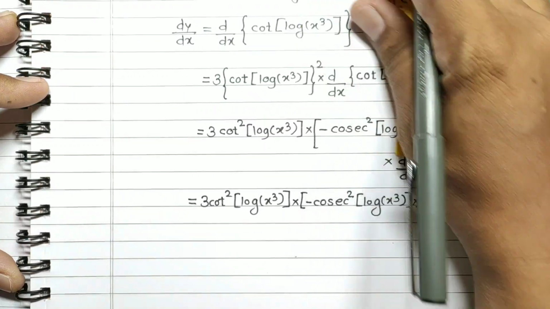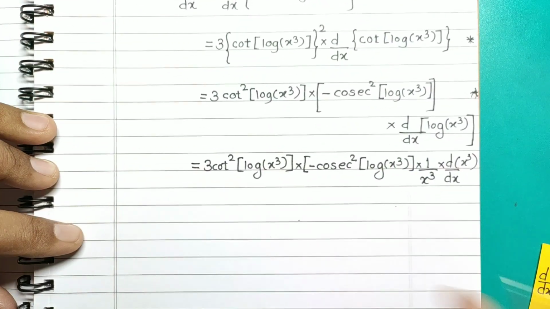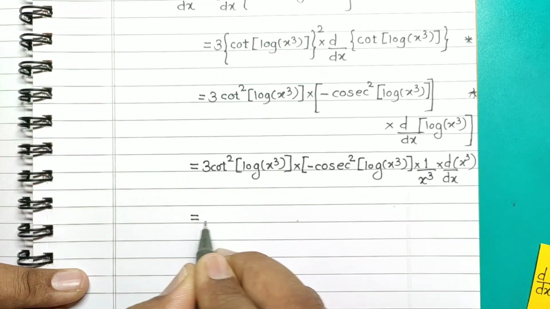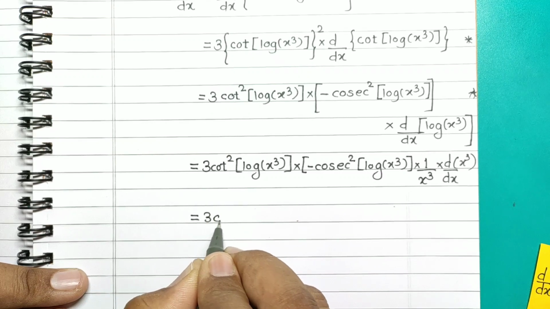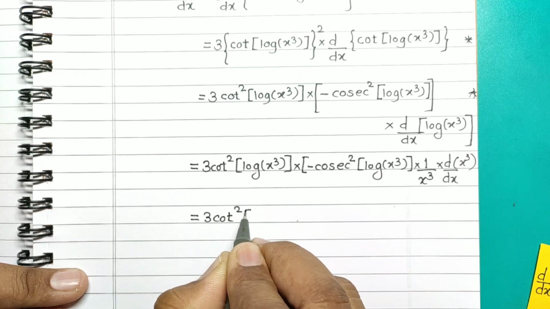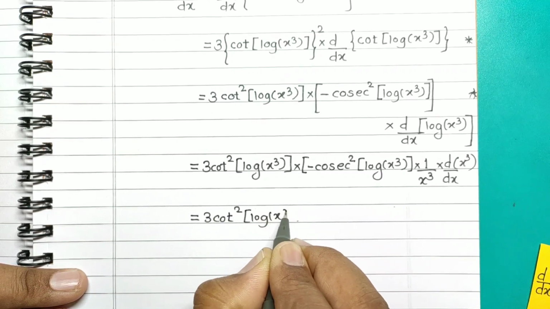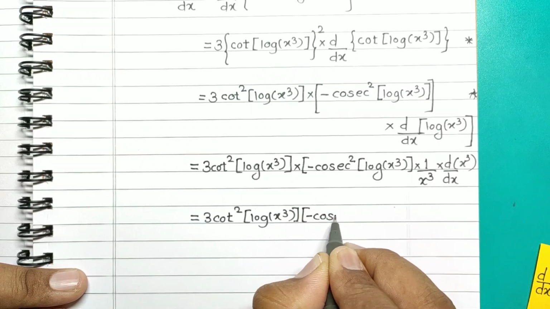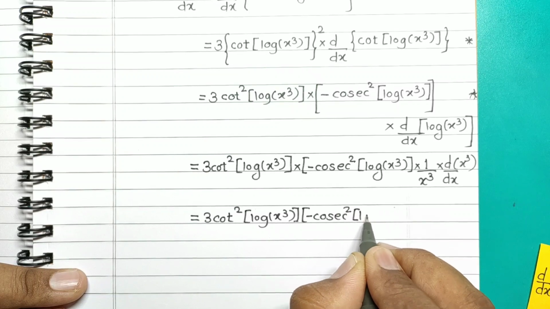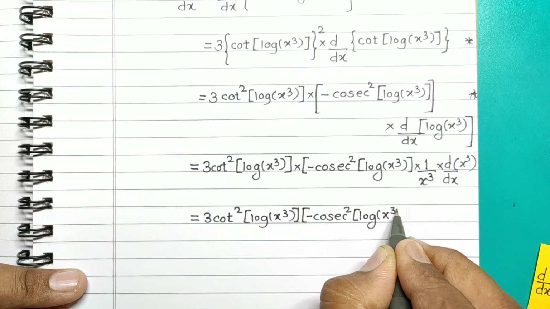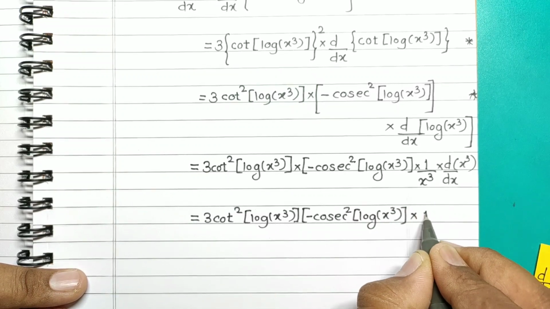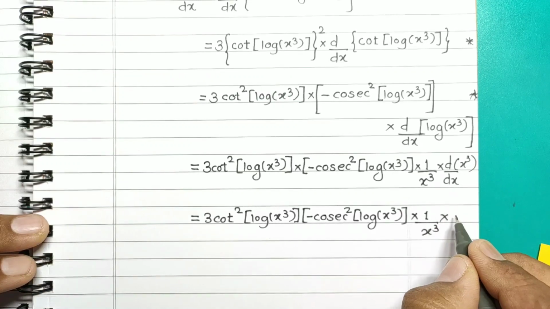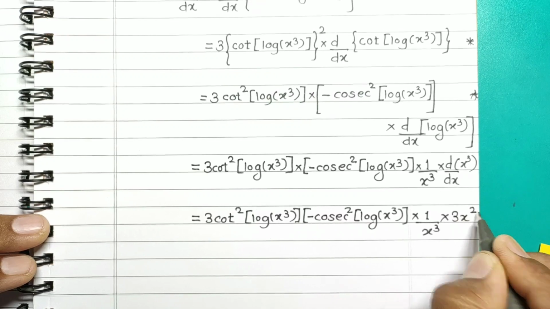Okay, so to the next step again you write down the first two terms as it is, 3 into cot square of log of x cube into minus cosec square of log of x cube into 1 upon x cube, and the derivative of x cube is 3x square.